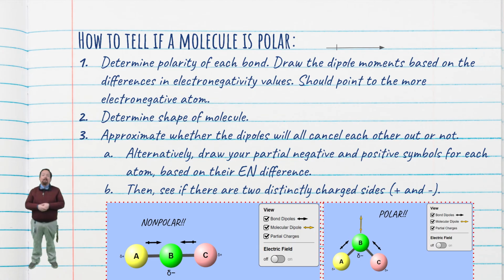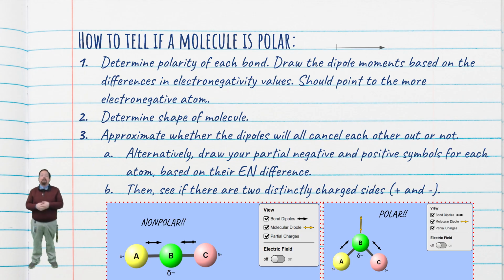When we have a molecule drawn out in its three-dimensional shape, we can assign dipole moments to each bond. These are just arrows that point from the less electronegative atom to the more electronegative atom. And these arrows show the general amount of force the electrons are being pulled by and in which direction they're being pulled. Do this for each bond in the molecule.